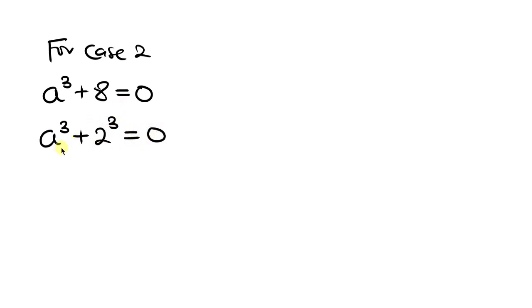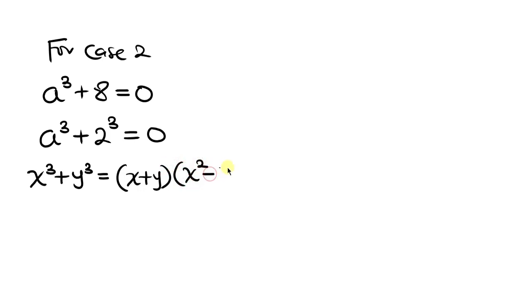So notice that we have an expression in the sum of two cubes. When I have x cubed plus y cubed, this is the same as x plus y times x squared minus xy plus y squared.